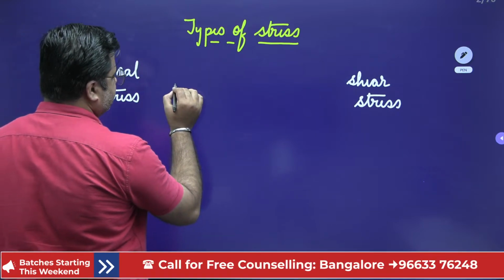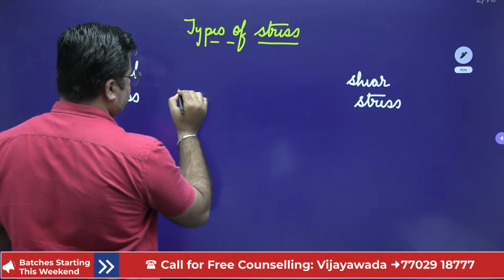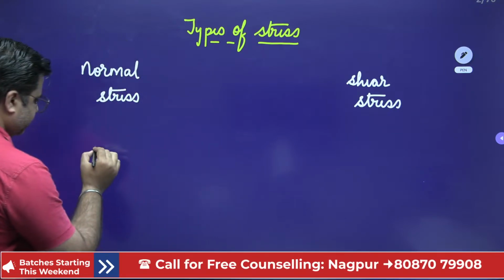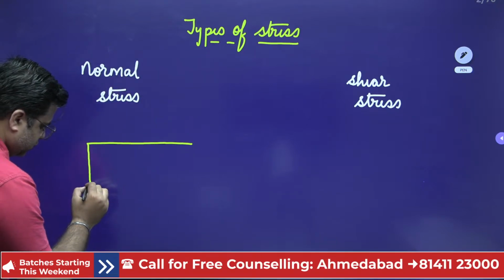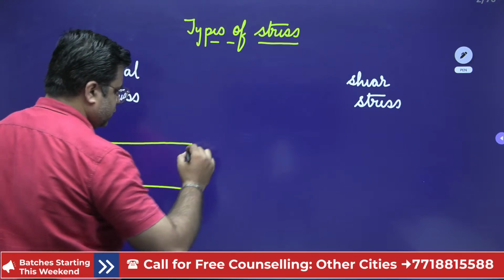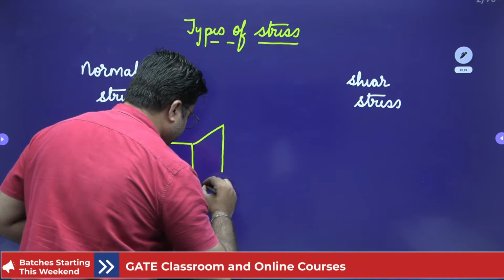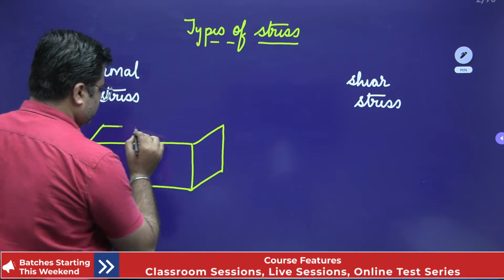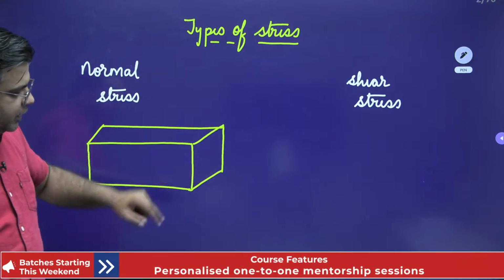Suppose this is my body, I'll draw it here. And this is the cross-sectional area of the body. Right? This is the body and this is the cross-sectional area of the body.